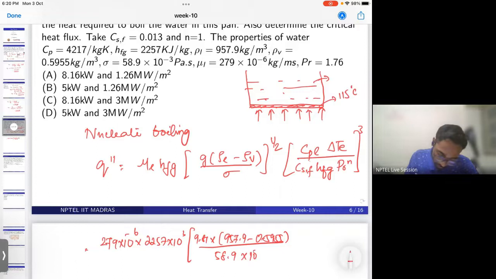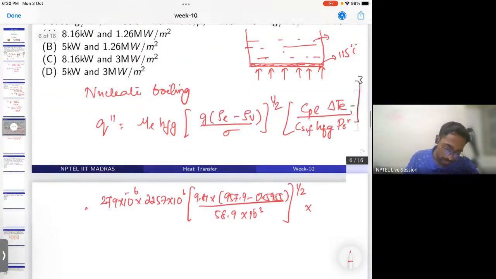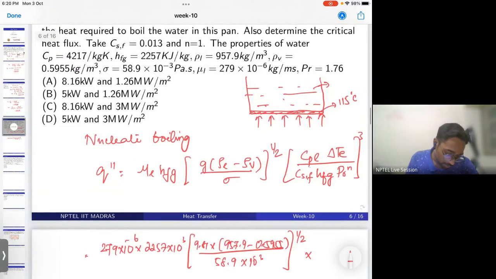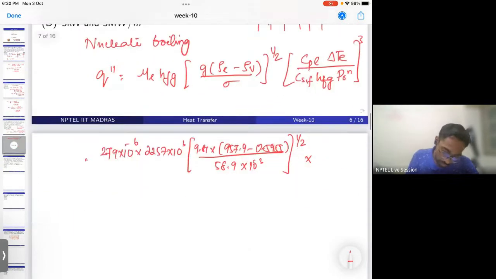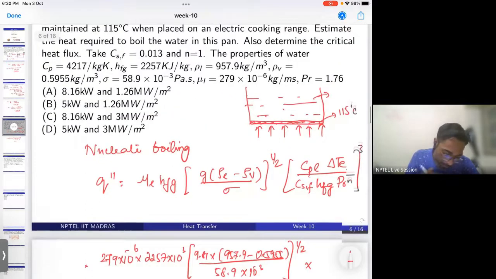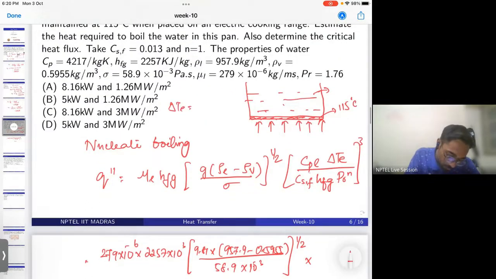10 raised to minus 3, so all raised to 1 by 2, into Cp, which is 4217, into delta T, that is T wall minus T sat.